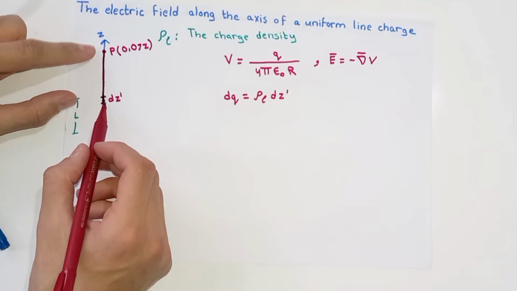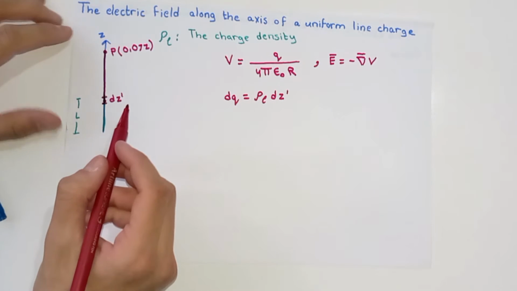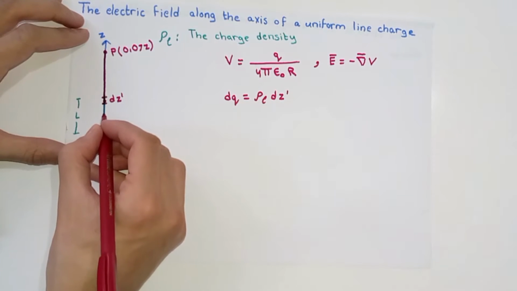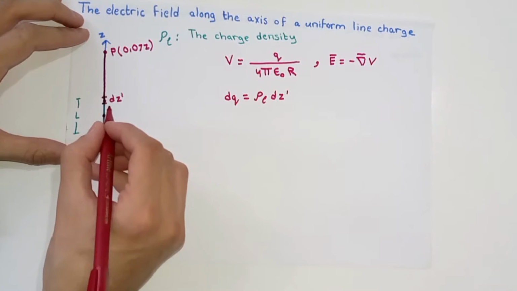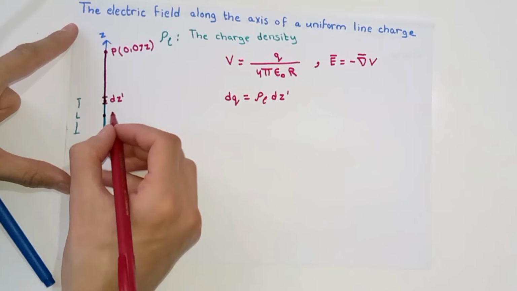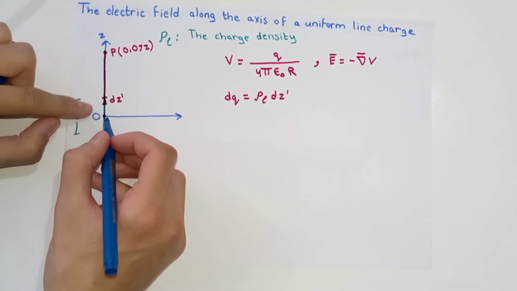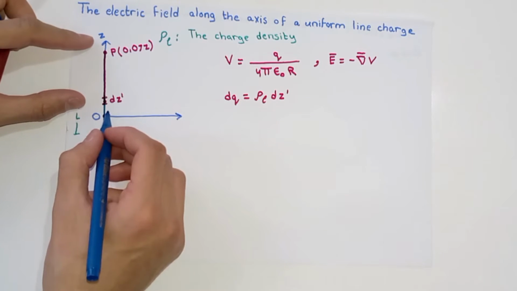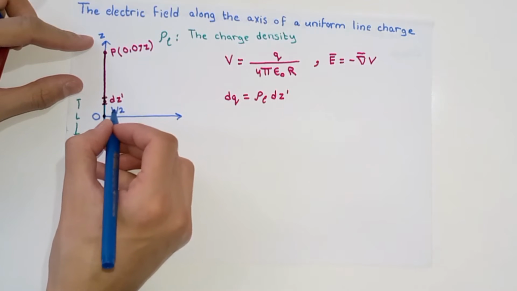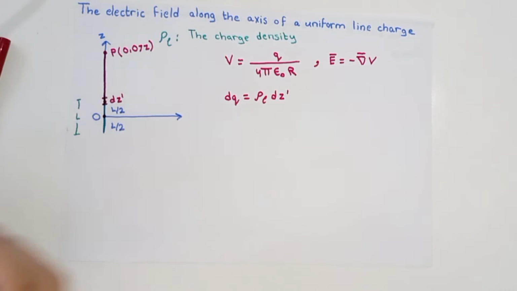In order to find the distance between this differential line and this point, let's first determine the origin. Okay, this is the origin. Let's make the origin at the middle of this line charge. Accordingly, this line charge is split into two equal pieces, each of length L over 2.